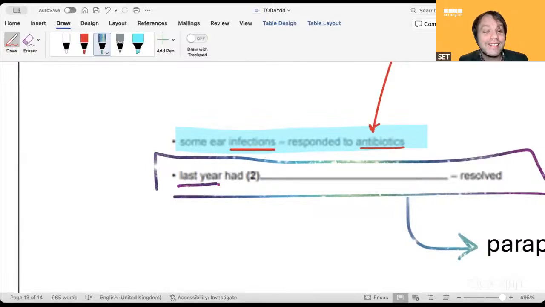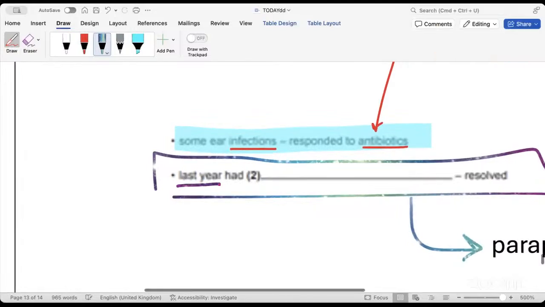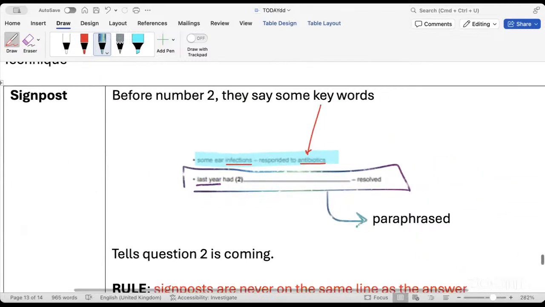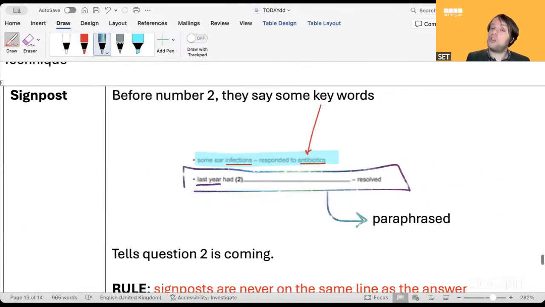What does this say? Anyone? Last year. I can never be sure that this will come before the answer, right? I'll give you an example. They might say, well, doctor, last year I had headaches.